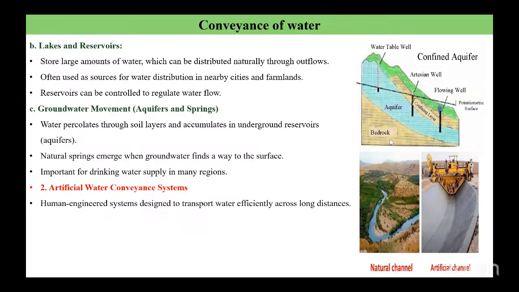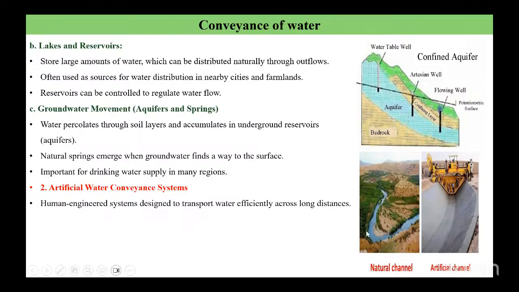And coming to the artificial water conveyance system, this is human engineered, systems particularly designed to transport water efficiently over long distances. As we see, the clear demarcation between the pictures will give you a clear understanding of the difference between the natural and artificial channels.